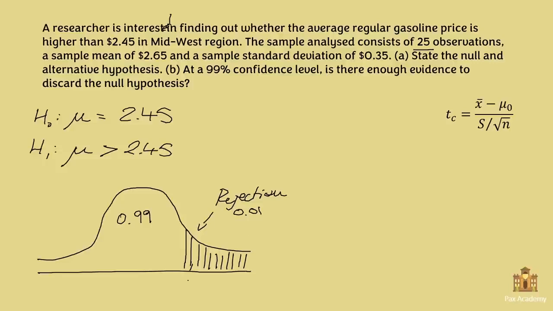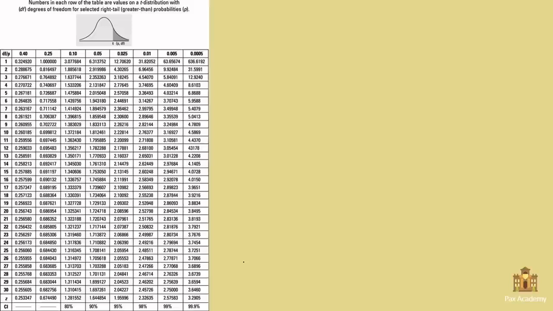And now we need to find again the critical value, the value at which the rejection region starts. Now for the t-test, we need to use this table, which is slightly different. Again, here we have the alpha, which is our significance level, which in our case is 0.01, like we said.